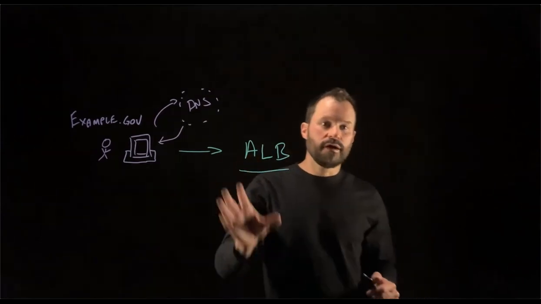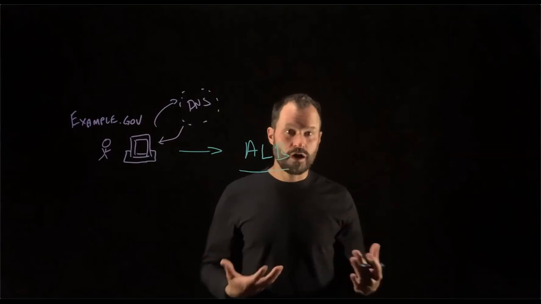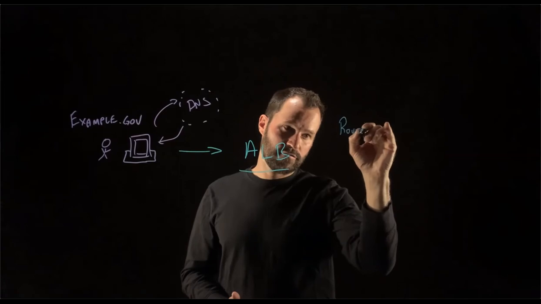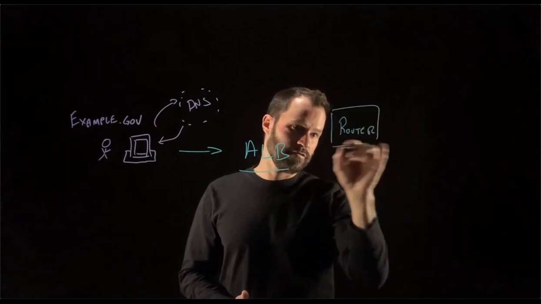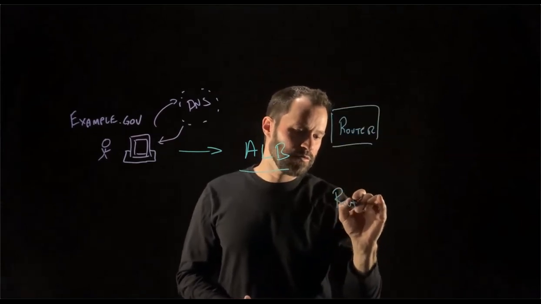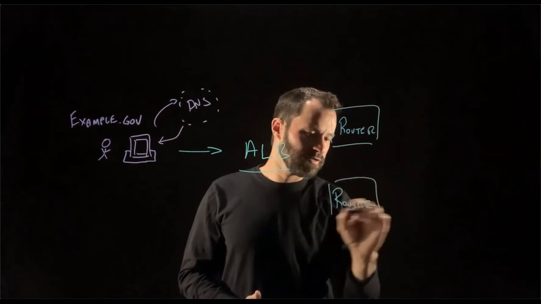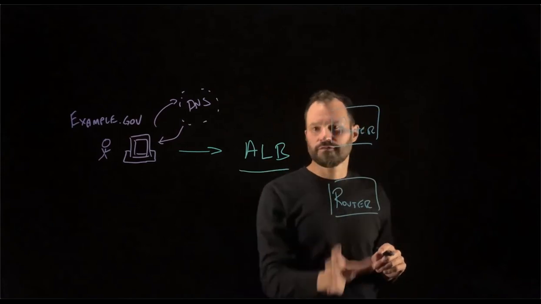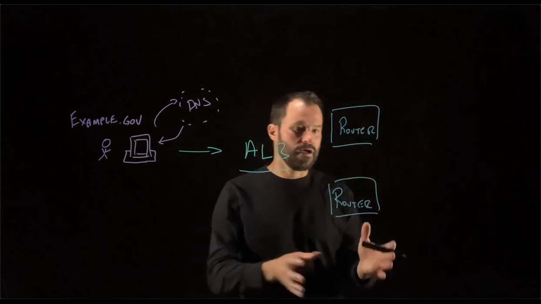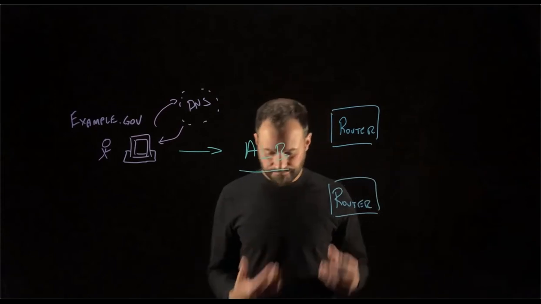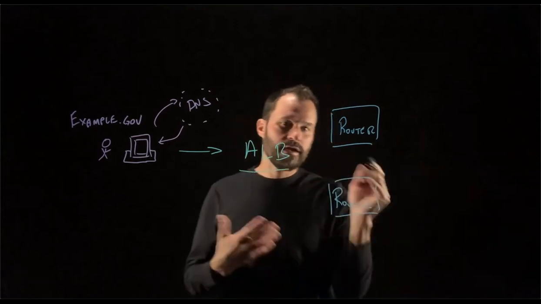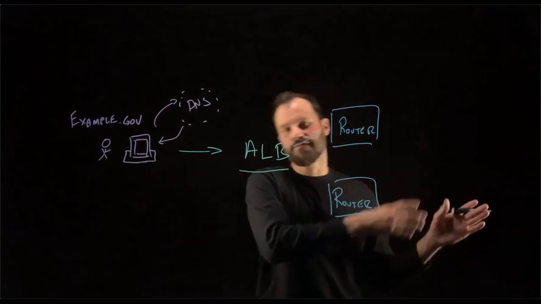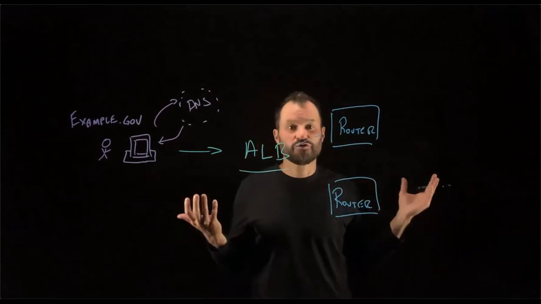It's load balancing across our Cloud Foundry routers, and from here on out, everything is inside of Cloud Foundry. I'll just draw two routers for now, but we run multiple instances of these routers. This load balancer is sitting in front of all of the different routers that we run as part of our Cloud Foundry infrastructure. So the ALB is essentially going to route that request to one of the routers. It doesn't really matter which one.